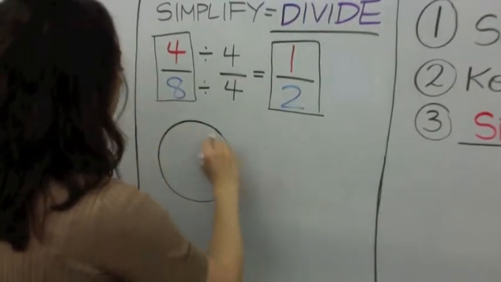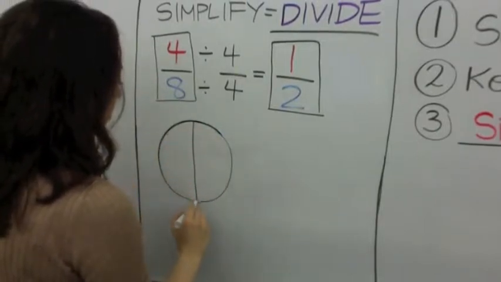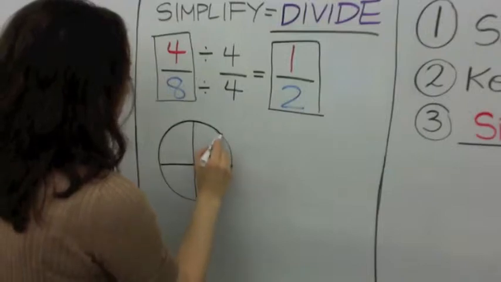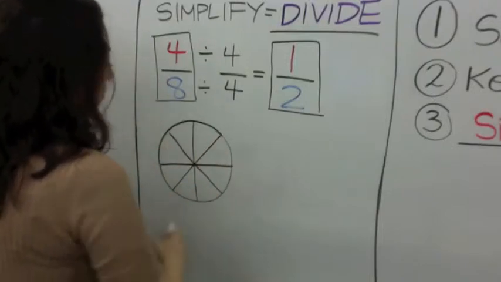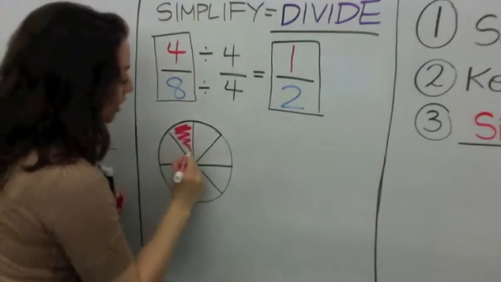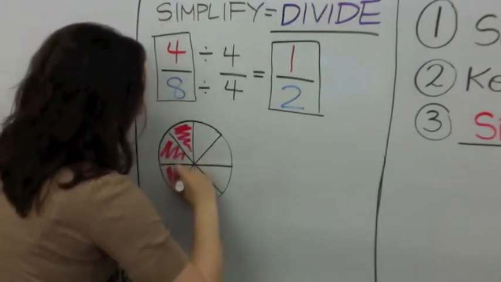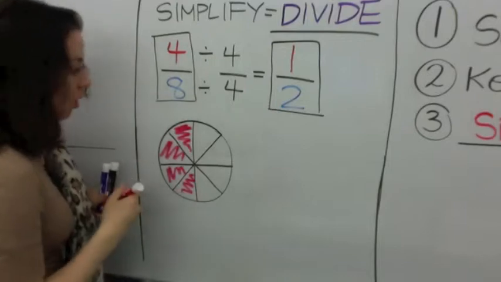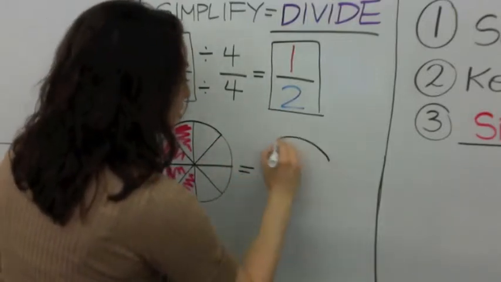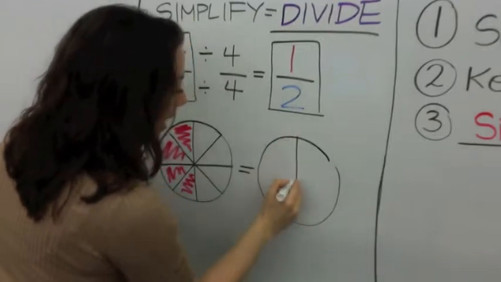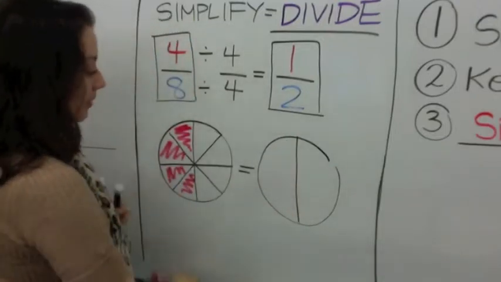This is 4/8. Let's cut that pizza in eighths. Remember, 4/8 means we're going to shade in 4 of the slices. Well, is that equal to half of the pizza?